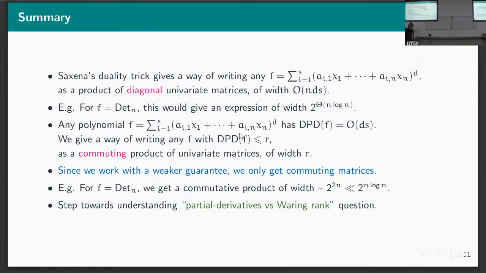Is it possible to design diagonal matrices without using the duality trick? Not entirely sure at this point.